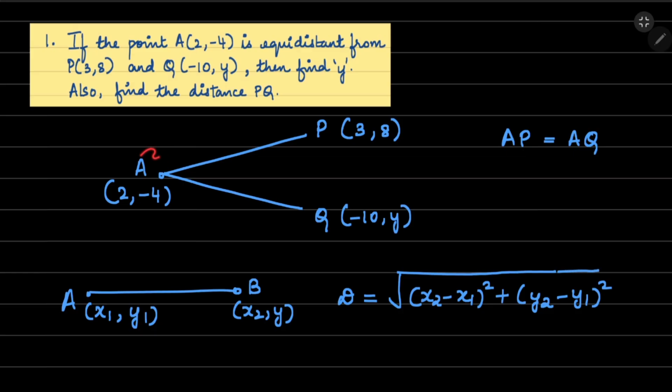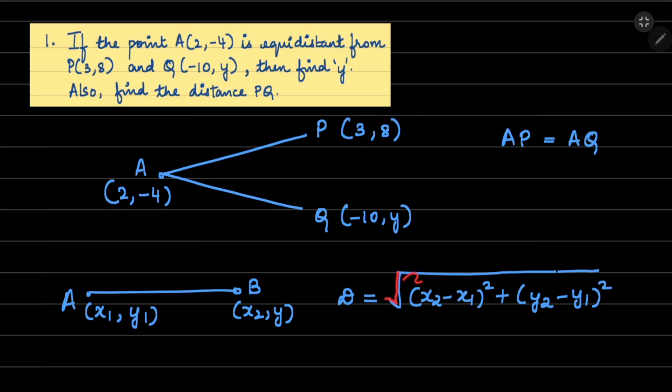Similarly, now according to the question, the point A is equidistant from the point P and Q. That means the distance between A to P and A to Q are equal. So we will use the distance formula here. The distance between A to P will have a square root of x2 minus x1. You can take either one of the points as x1, y1 and the other point as x2, y2 and substitute it here.